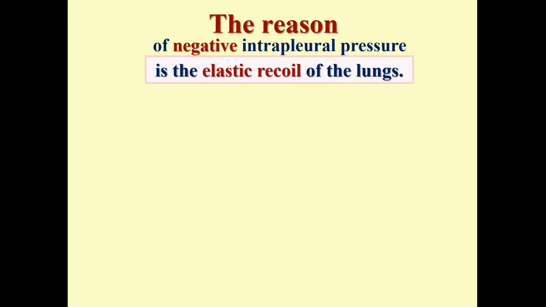Let's observe the reason for negative intrapleural pressure. And this reason is the elastic recoil of the lungs. Elastic recoil of the lungs is a force that is always present, a force that is opposite to stretching. Lungs are stretched constantly. Just the degree of stretching changes, but they never collapse fully, and so elastic recoil is always present.